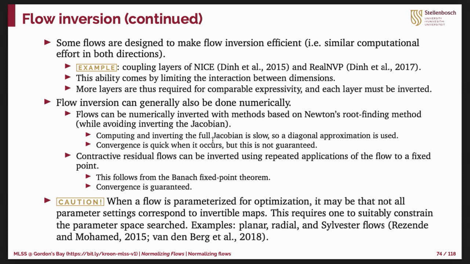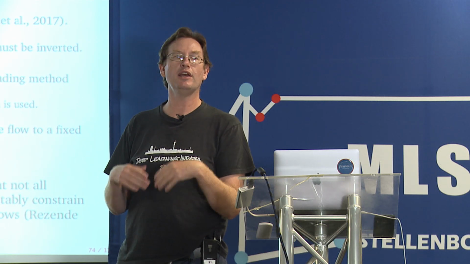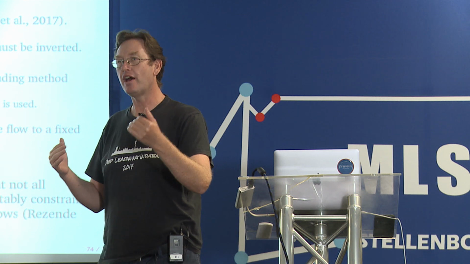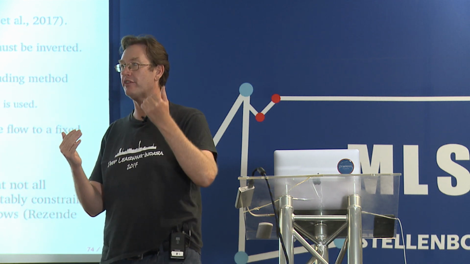So we want something close to that, and the popular approach, proposed by Yang Song, who is also involved in the work on diffusion models and score-based models, is to simply use the diagonal of the Jacobian as an estimate of the Jacobian and invert that. So it's a Newton-like method, and it can be shown that under certain conditions this converges locally, and it's nice and fast because it's linear to invert.